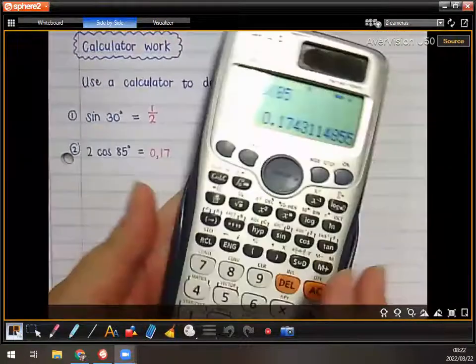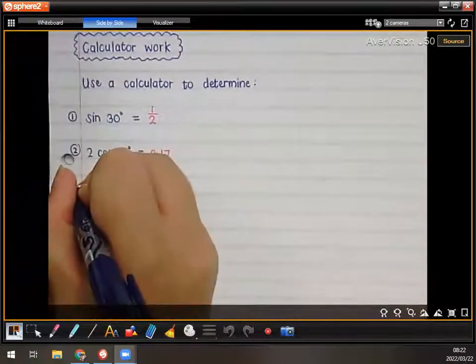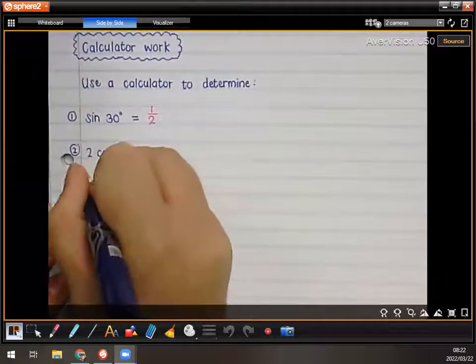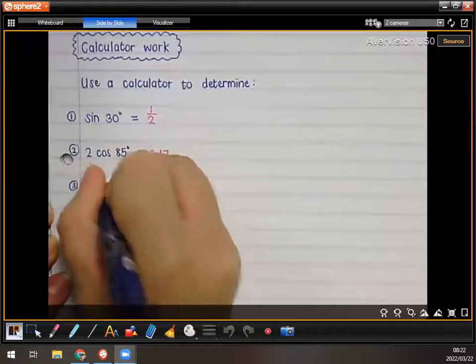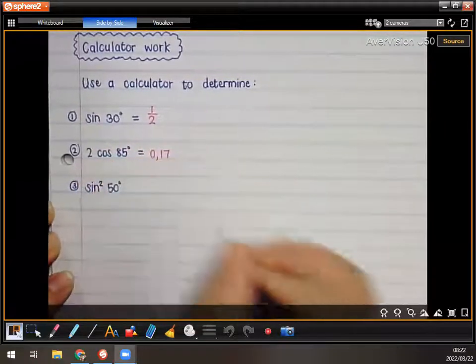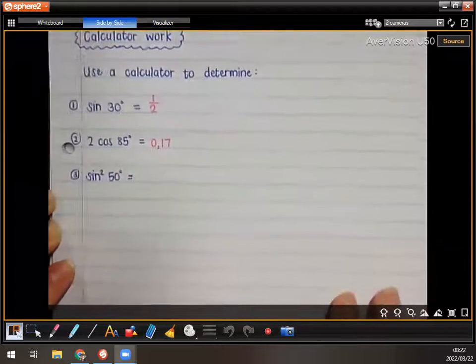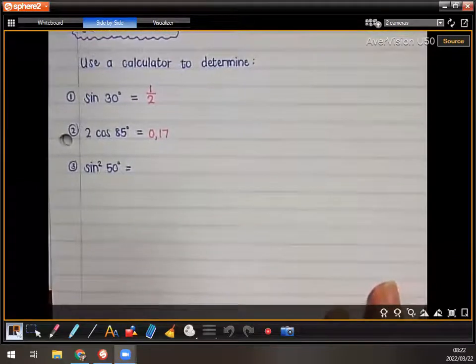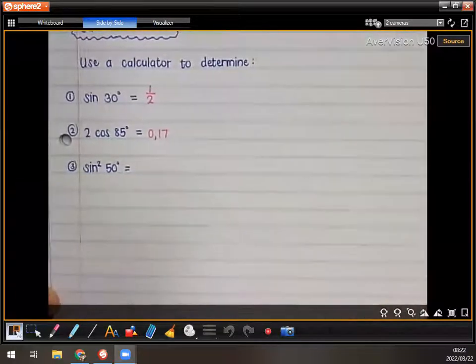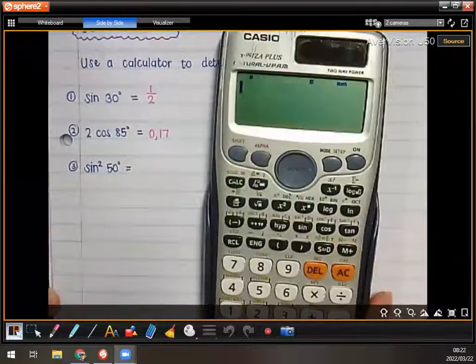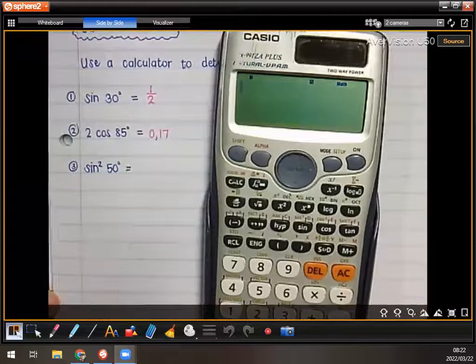Okay, number 3, sine squared 50. And guys, if we're looking at the calculator, there's no sine squared button, all right?